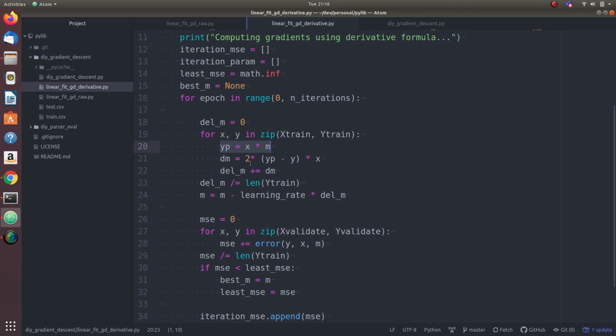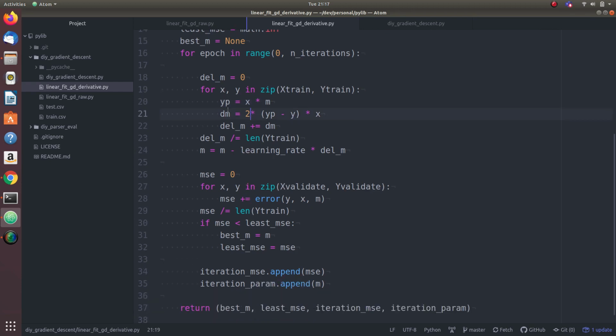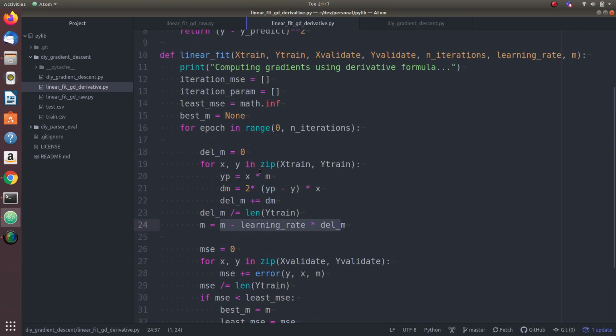They use more advanced ideas like automatic differentiation. And then we change m in the opposite direction of the derivative. So this is an alternate implementation using the properties of derivatives.